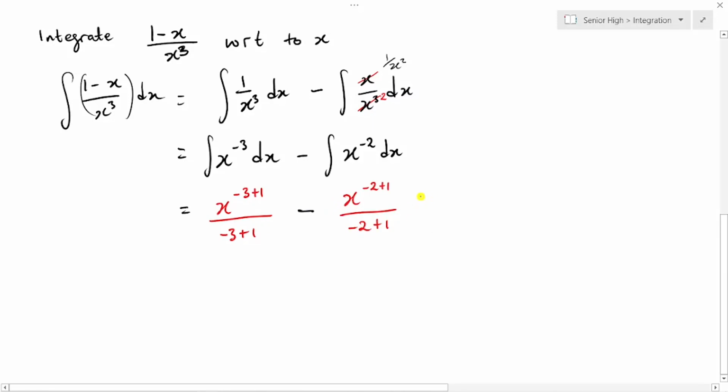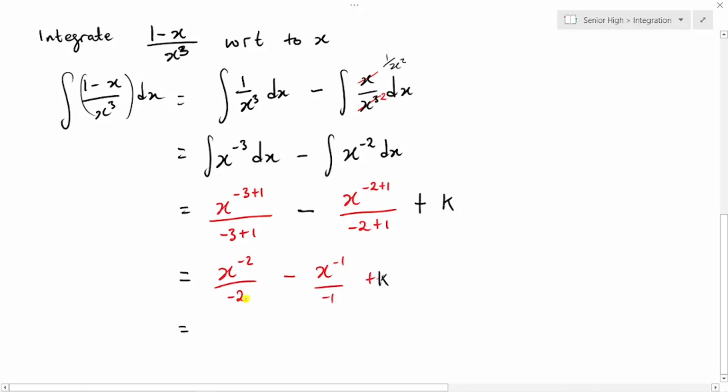And then finally we put in our constant plus k. And this is equal to: minus 3 plus 1 is minus 2. So we have x power minus 2 over minus 3 plus 1, which is minus 2 as well. Minus x power minus 2 plus 1 is minus 1, and here is minus 1, plus our constant value k.